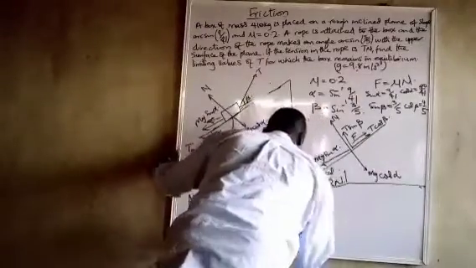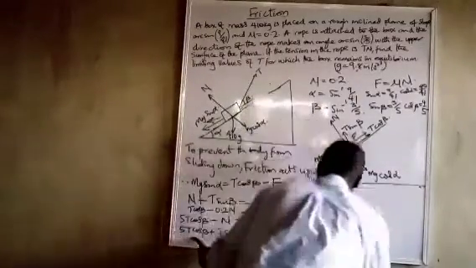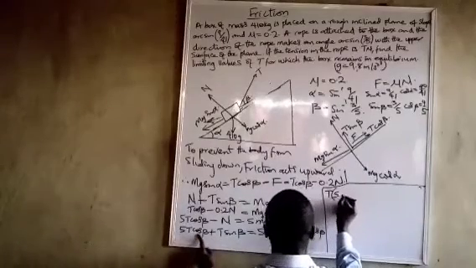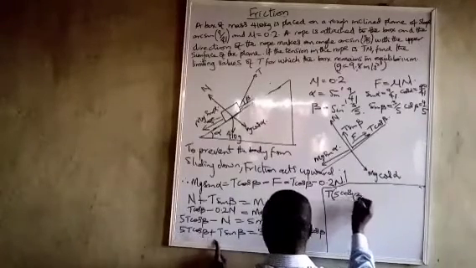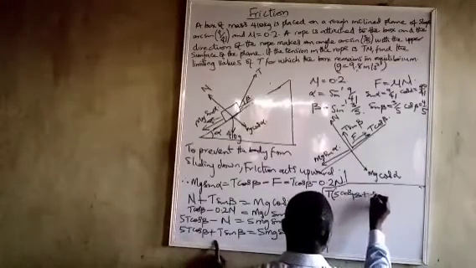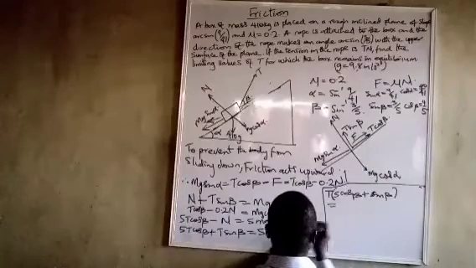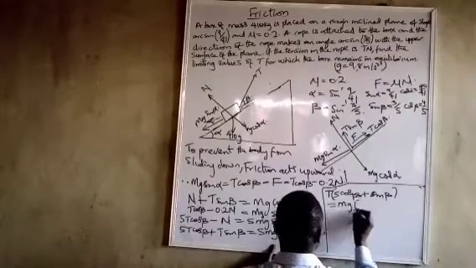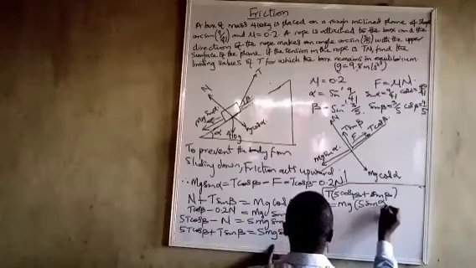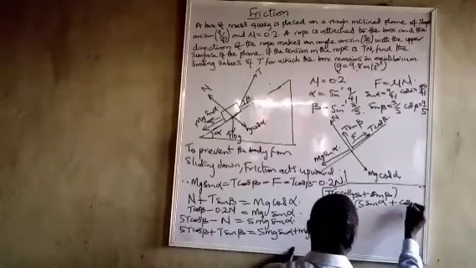T into 5 cos beta plus sine beta will be equal to mg into 5 sine alpha plus cos alpha.